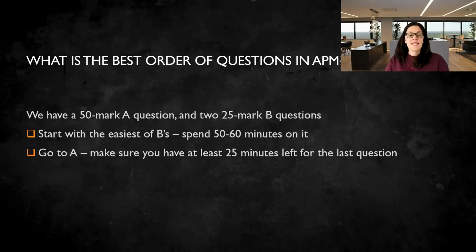And this is the order that I would attempt: the easiest B, then A, and then the other B. When we work with students, I like to train them to know how to answer any question they may face. We do that by means of quizzes.